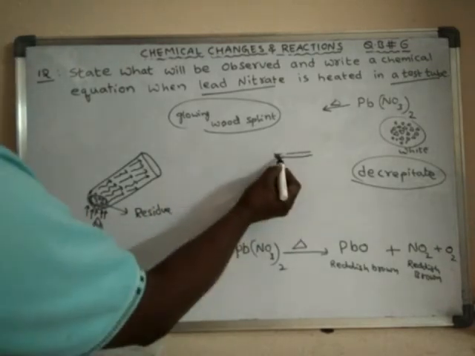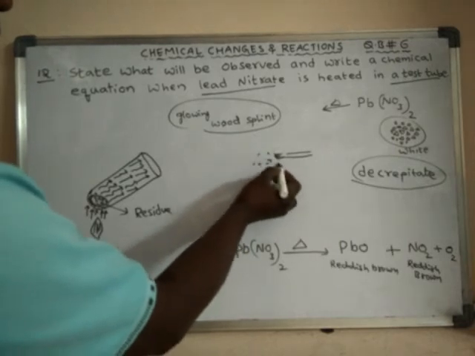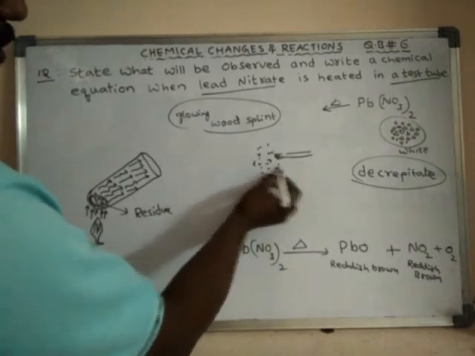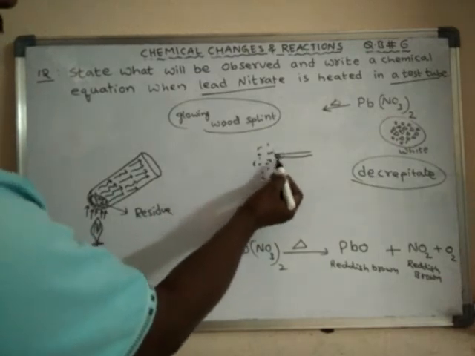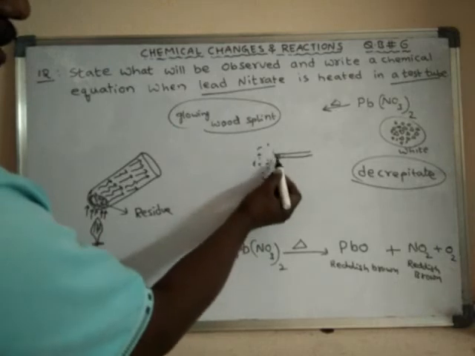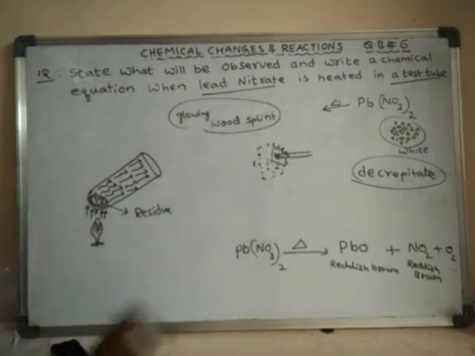Now if you bring this wood splint into the atmosphere of oxygen, what happens? This oxygen will support the glowing, and in the presence of oxygen, this glowing wood splint will catch fire and produce flame. It gets relighted.